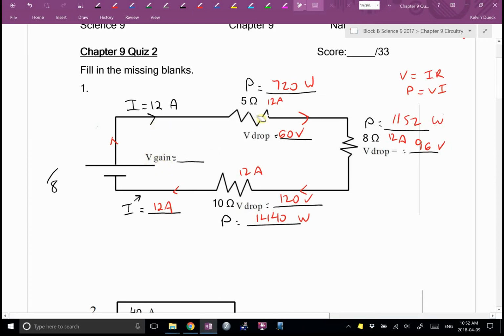Ski with me. How many volts do I lose there? 60. Remember that? How many volts do I lose there? Yep. 96. Remember that? How many volts do I lose there? 120. Remember that? How can I figure out how many volts this battery is, what would I type into my calculator? 60. Yep.